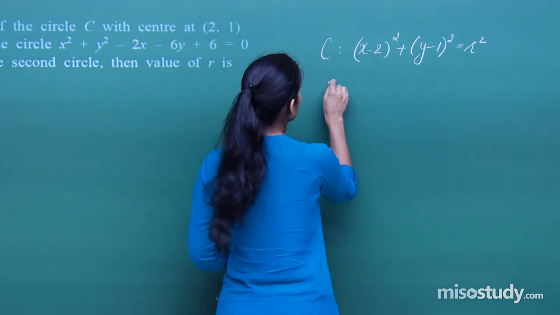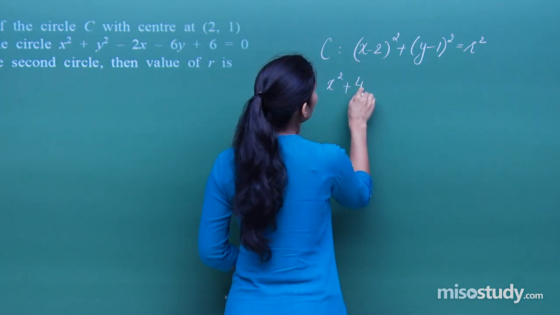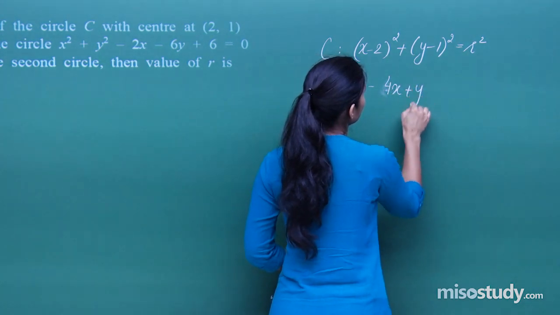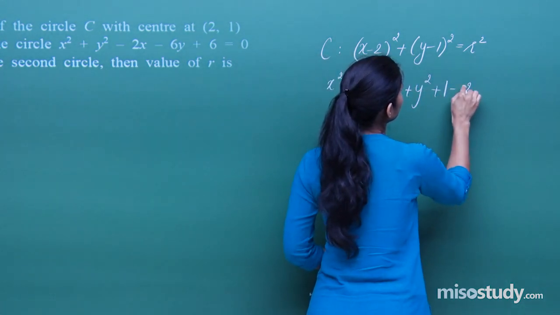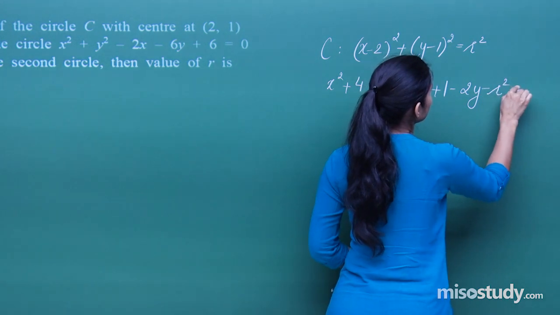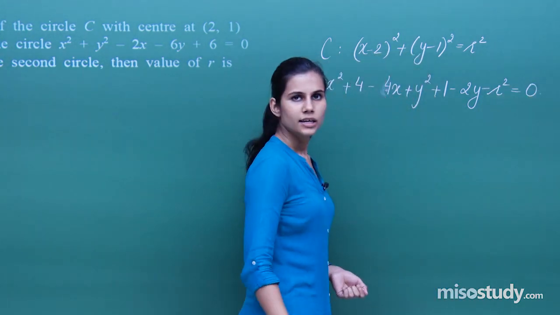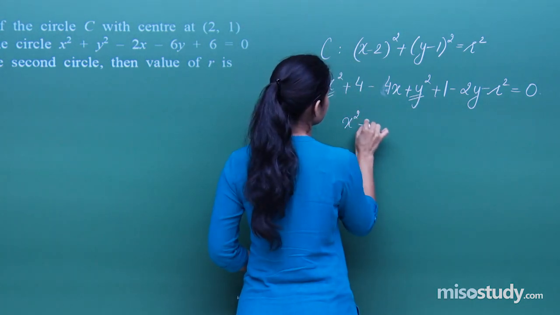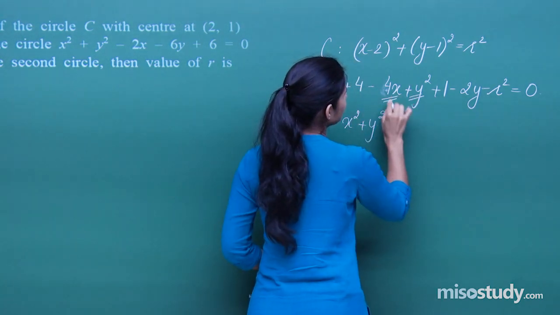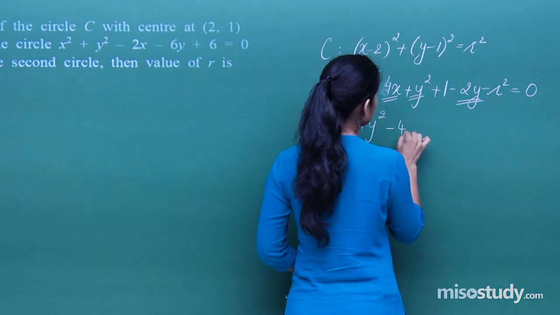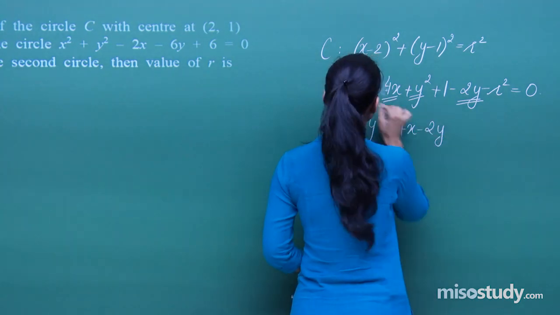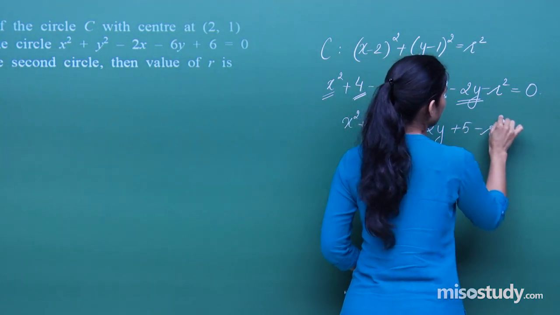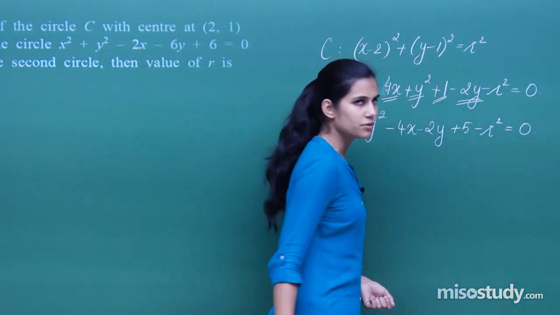Simplify this, you get x² + 4 − 4x + y² + 1 − 2y − r² = 0, which eventually gives you x² + y² − 4x − 2y + 4 + 1, that is plus 5, − r² = 0.